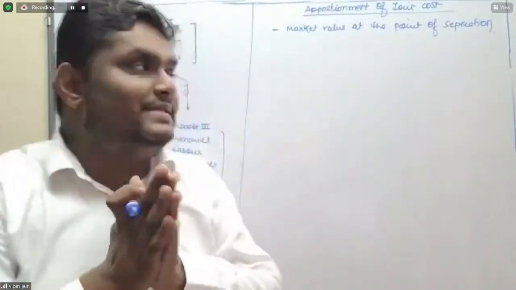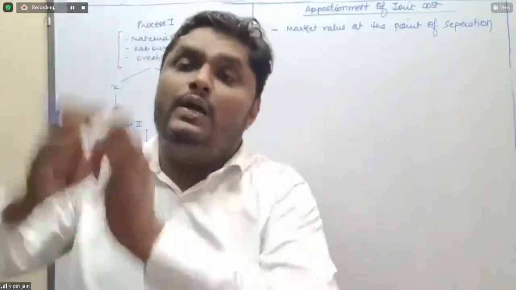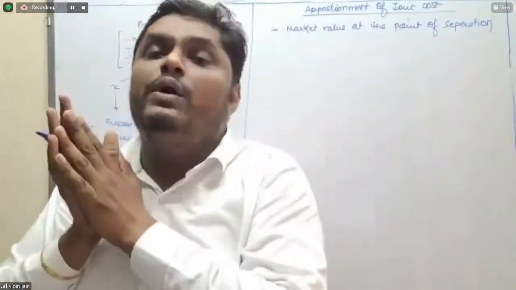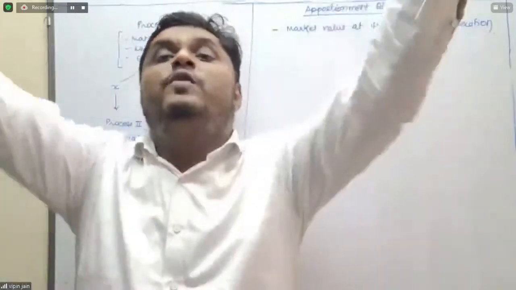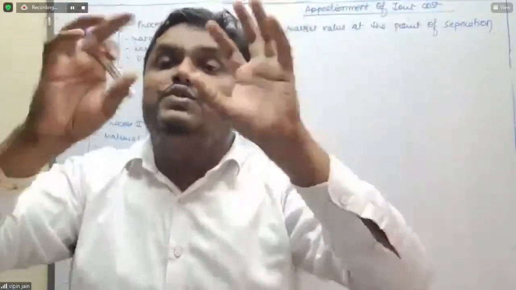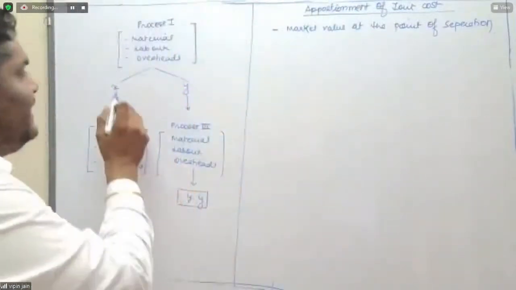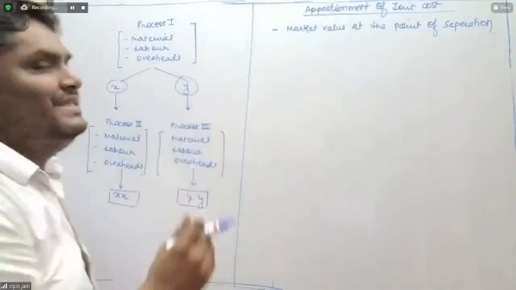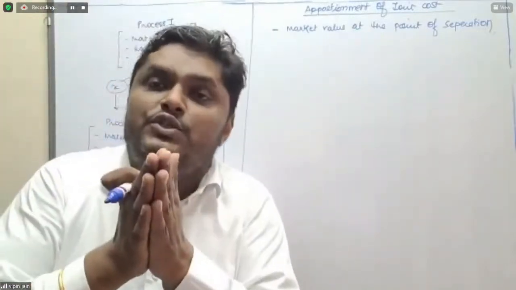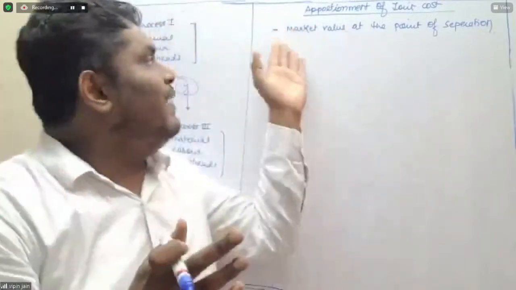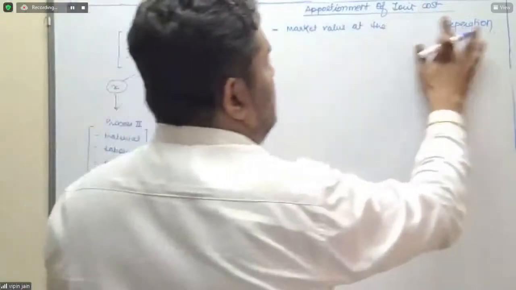If the market price of X and Y is available, then we can apportion the joint cost in the ratio of market value at split off point or point of separation.